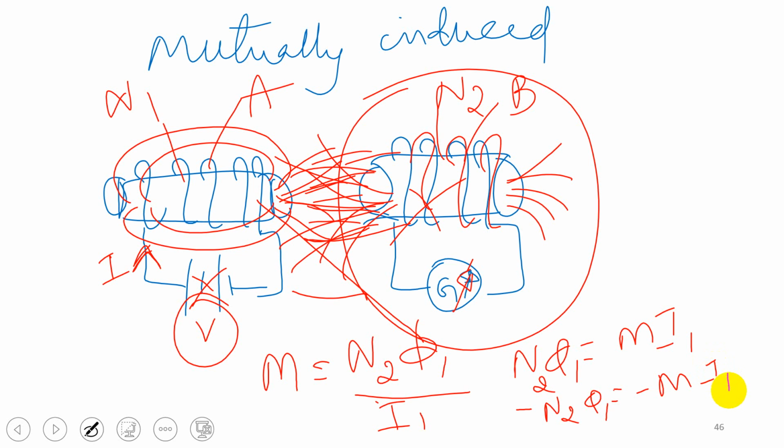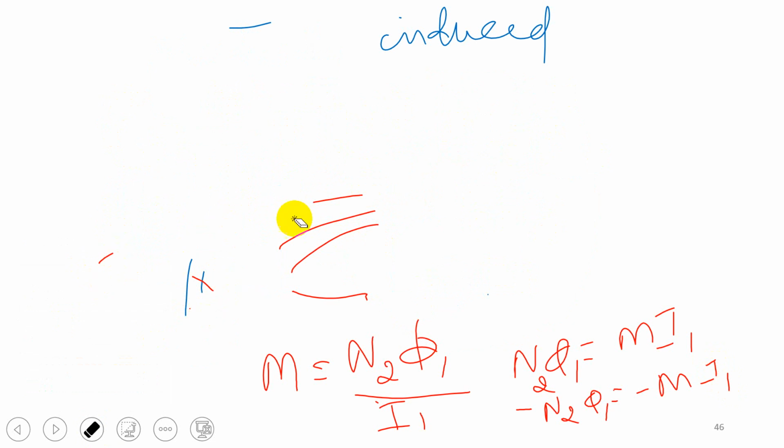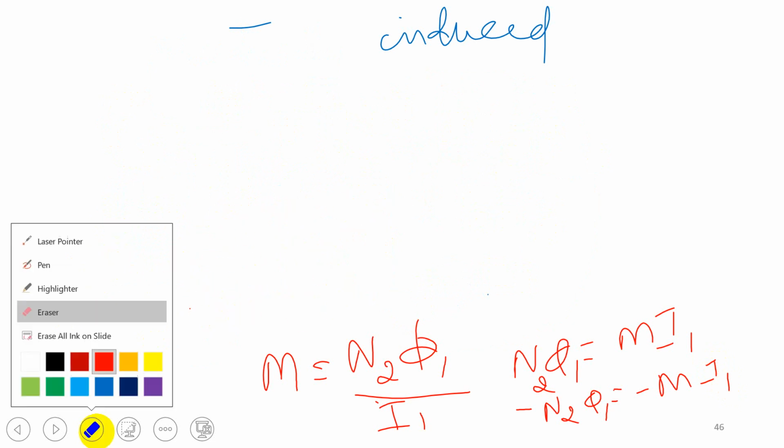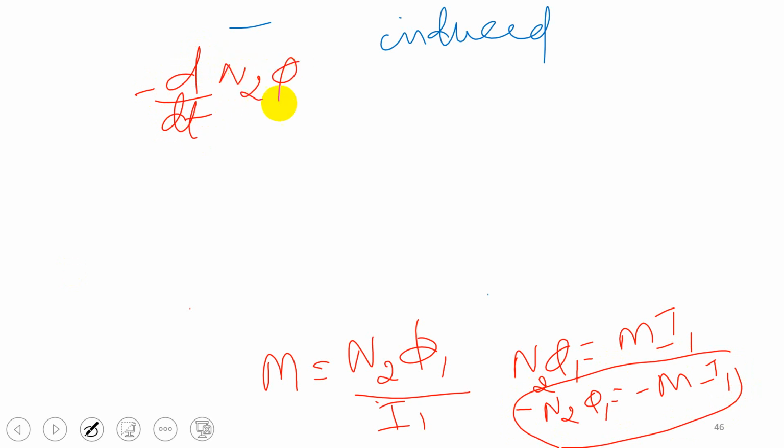So differentiating on both sides, this equation I'm talking about, what you get is minus d by dt of N2 phi 1 is equal to minus M into dI1 by dt. Here M is constant. You should know the mutual inductance, denoted by M, is constant here.